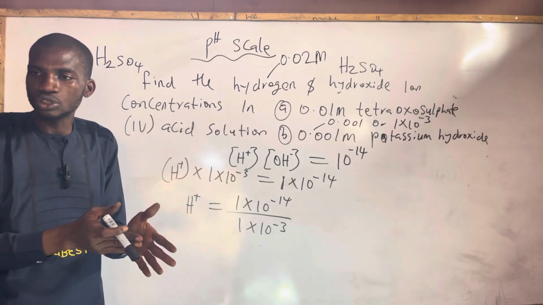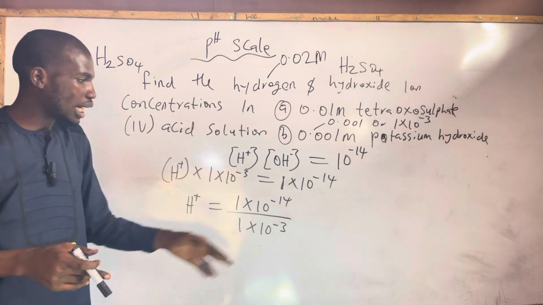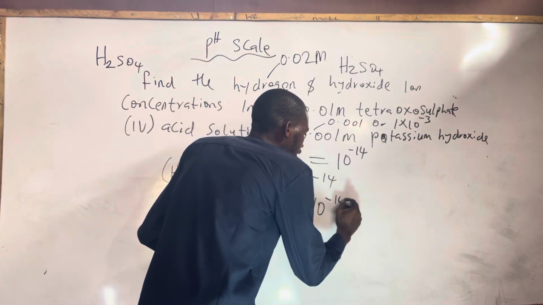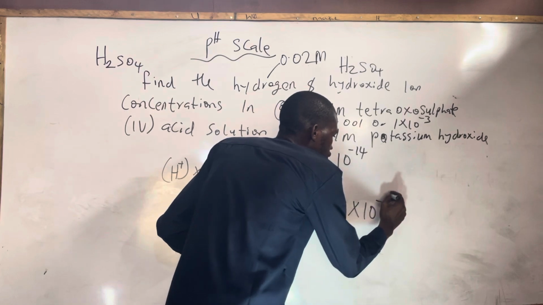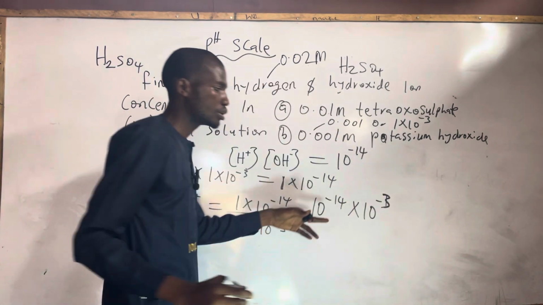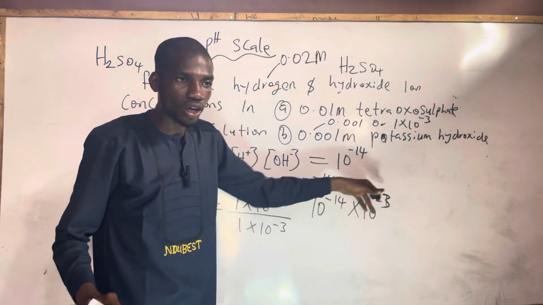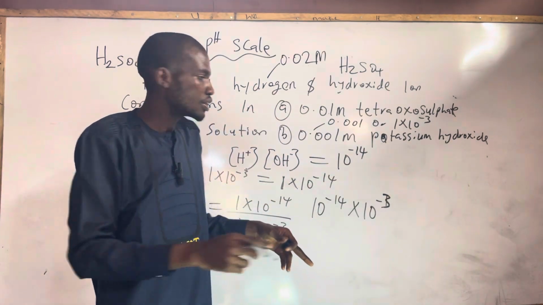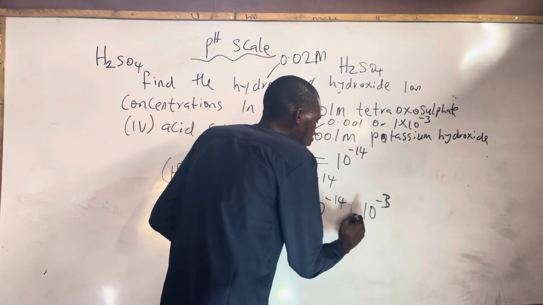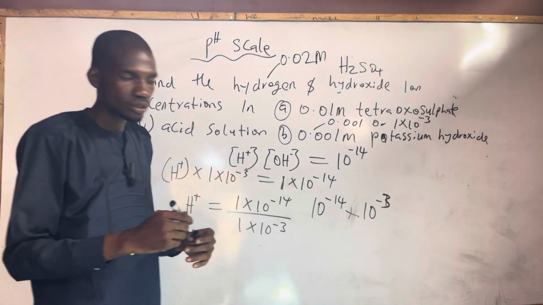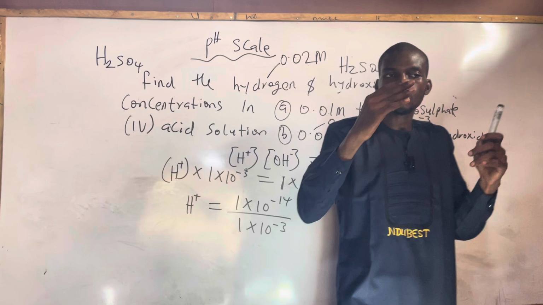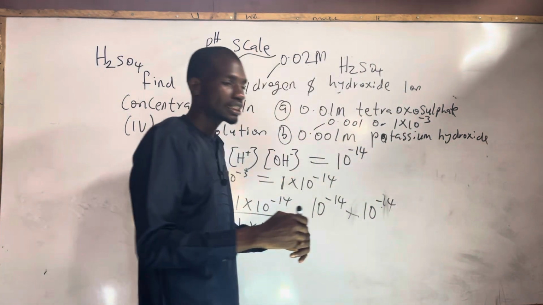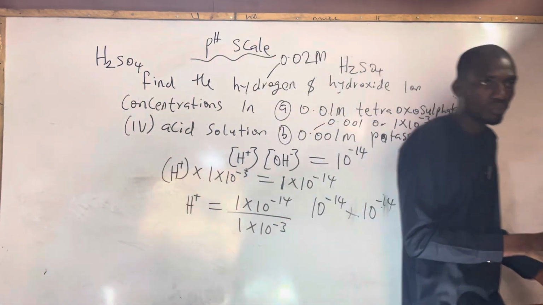But if it is multiplication, you add the powers. If it is 10 raised to power minus 14 times 10 raised to power minus 3, the powers will add, so it will become 10 raised to power minus 17. But if it is plus here, you leave it. If they have the same number, 14, you take 1. The answer is 10 raised to power minus 14.